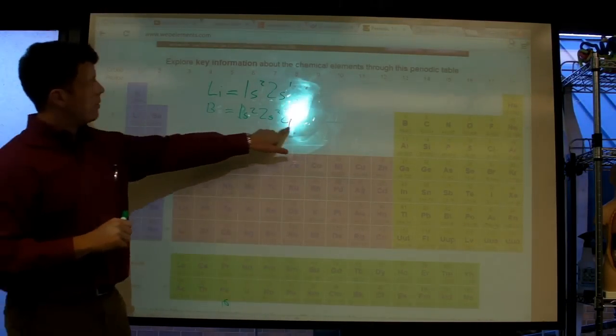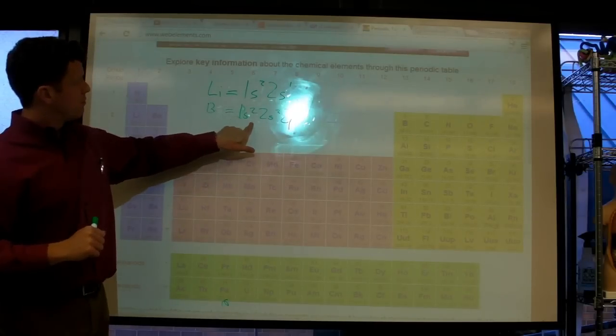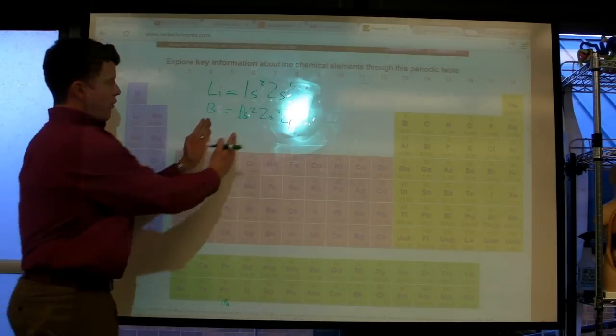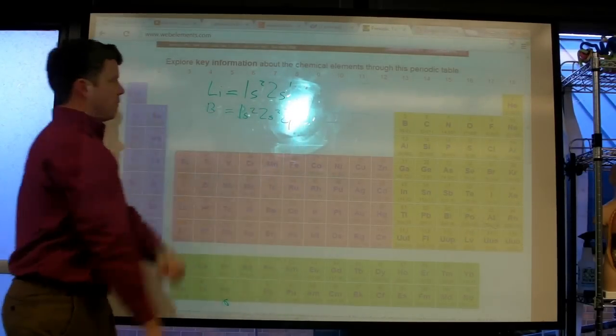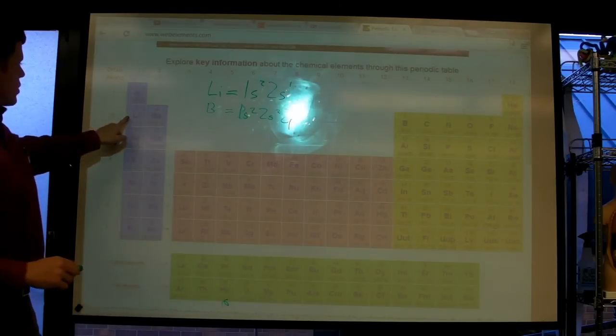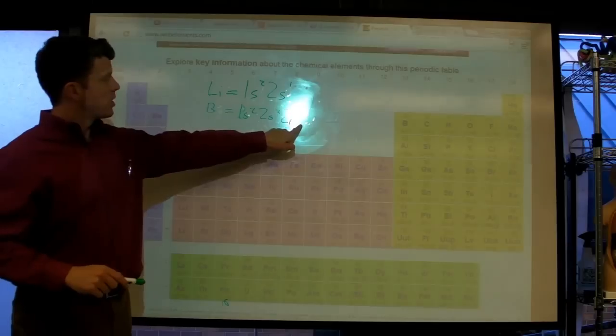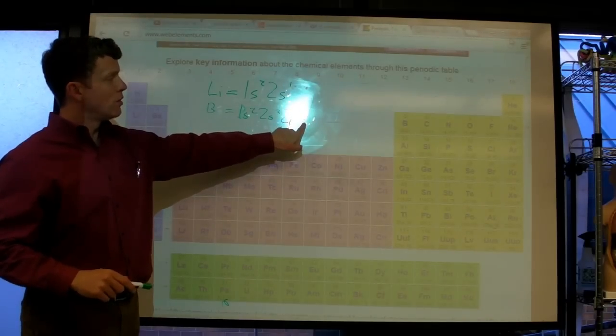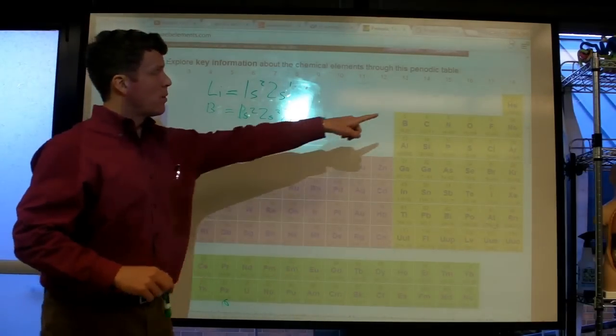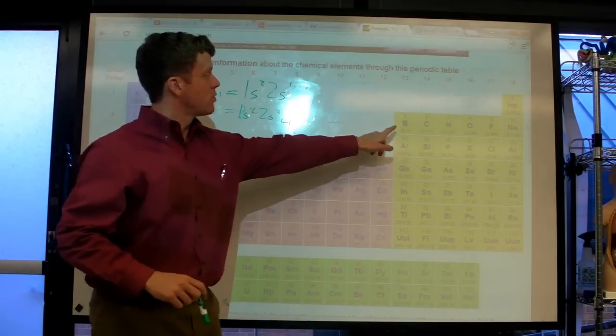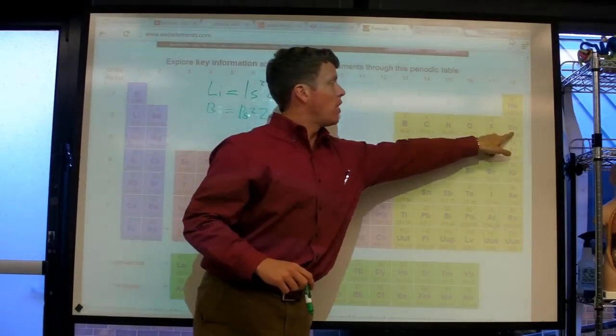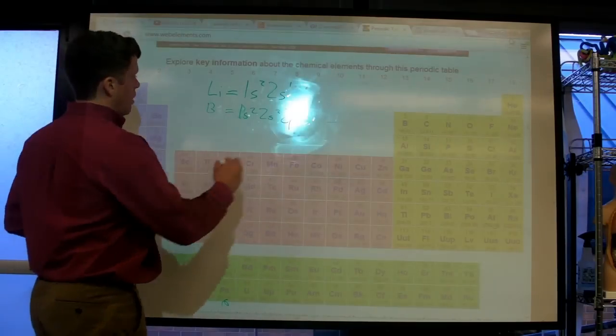So the way that these fill up, it's 1s first, then 2s, then 2p. First energy level, second energy level. As far as the second energy level goes, we could actually add up to 6 more, and that would actually be neon. So 1, 2, 3, 4, 5, 6 more electrons.